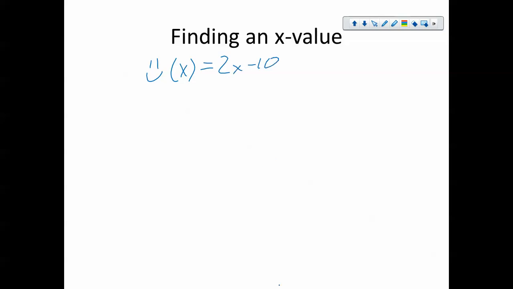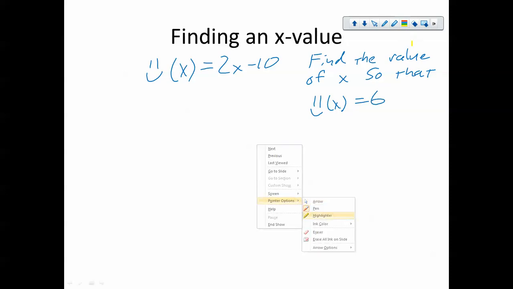And what I want you to do is find the value of x so that smiley face of x equals 6. And notice the difference in the phrasing here, right?